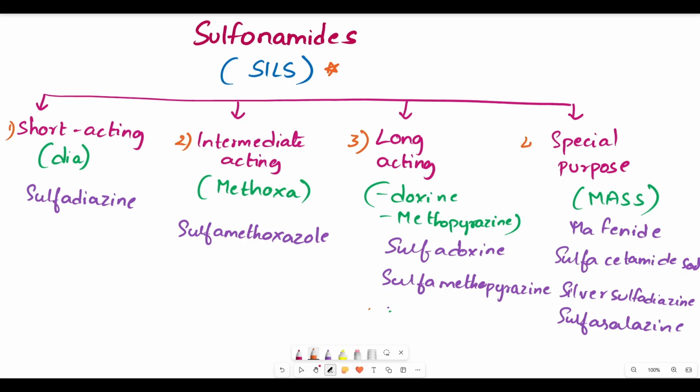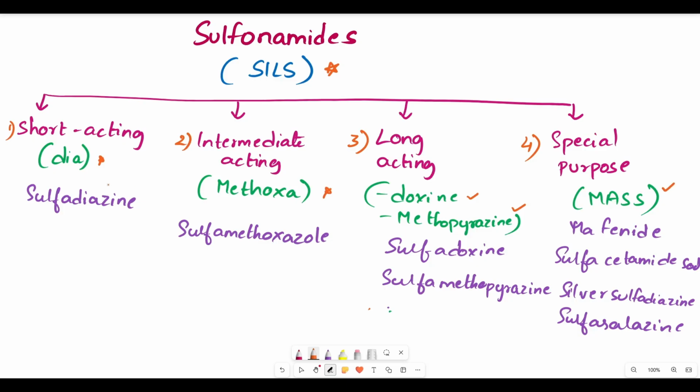And S means it is the fourth class, which is special purpose. Now coming back to the tricks, in the short acting, remember one simple trick, that is dia. For intermediate acting, remember methoxa. For long acting, remember that these drugs will have the terms doxin and methopyrazine. And for the special purpose, remember one word, that is MASS.